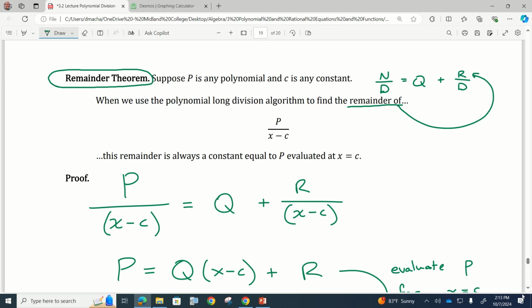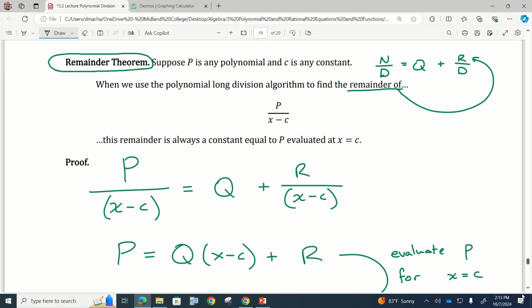In other words, my remainder has to have a degree of 0, and that means my remainder is a constant. So, just to recap, if I use long division to find the remainder of this, then the remainder is equal to that polynomial evaluated at this point, the minus c part.